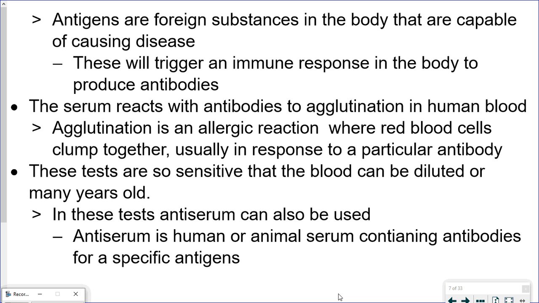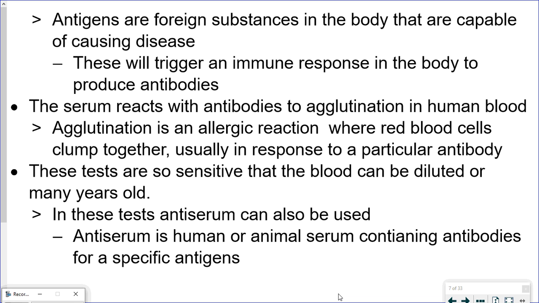Antigens are foreign substances in the body that are capable of causing disease. So these could be any type of infection, bacteria, things like that. So if these are present, they trigger an immune response in the body, which produces antibodies, and the antibodies will attack those foreign antigens. The serum is going to react with the antibodies to cause agglutination in human blood.